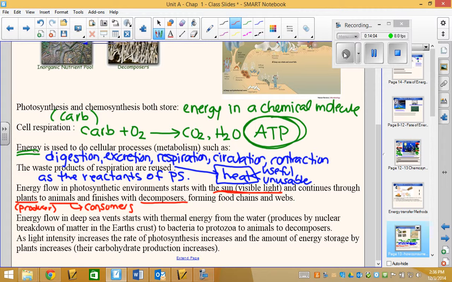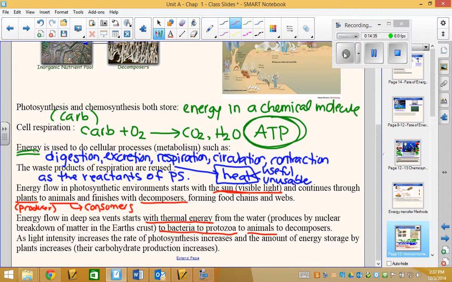If we start with a deep sea vent, energy flow starts with thermal energy from the water. And like I mentioned, that's produced by nuclear reactions that are happening in the center of the Earth or in the Earth's crust. It passes on to bacteria and protozoa. Protozoa are small single-celled organisms that if you didn't look closely you would think was maybe just another bacteria.